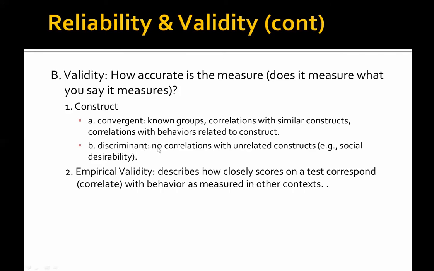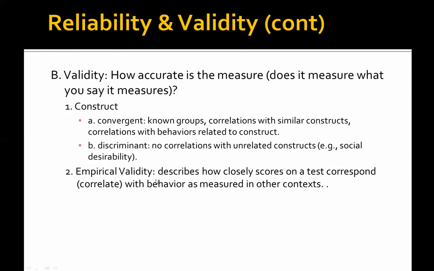Discriminant validity is to say it shouldn't correlate with something else. The most classic example for this is social desirability. If you've got an empathy measure, can we show that this is actually measuring empathy and not just social desirability, that people want to come off looking as empathic? So there should be no correlations between that and a measure of social desirability.